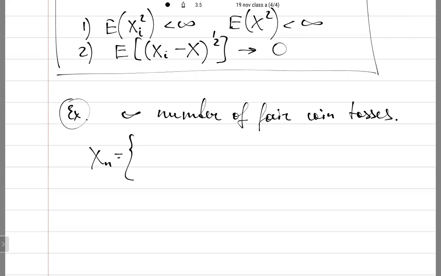Let me think about a simple example to show the difference between modes of convergence.